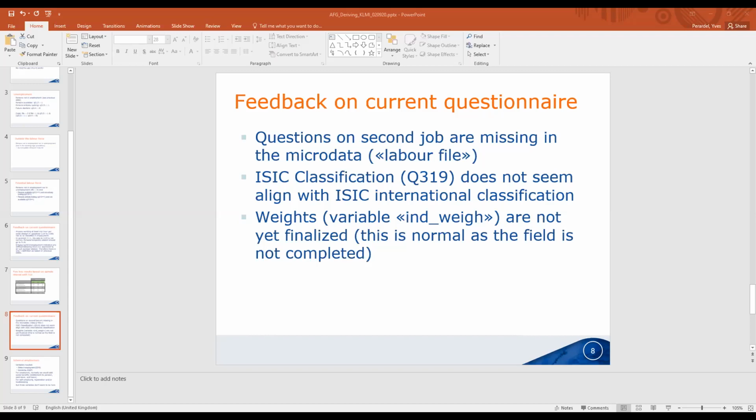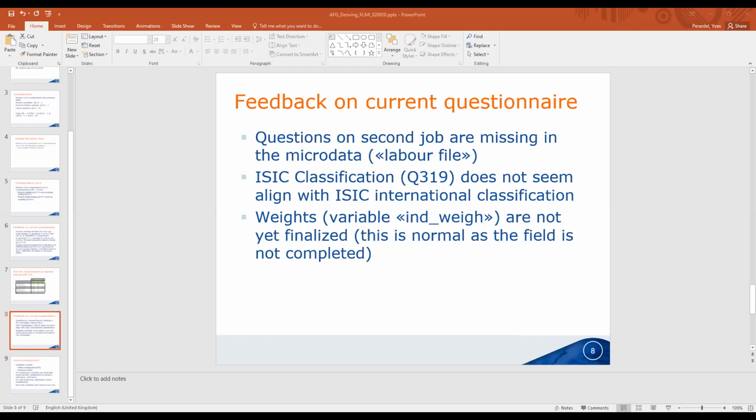For this round, the actual DR2 survey ran at the same time. To prevent a very busy and ambitious questionnaire, we didn't consider the second job for this round. We already know that very few people have a second job in the case of Afghanistan. In that case, we didn't consider it.